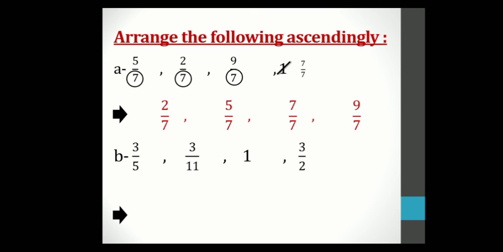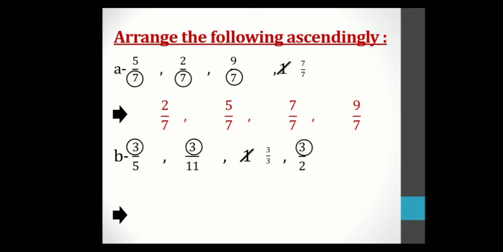Letter B. We have 3 over 5, 3 over 11, 1 and 3 over 2. Yes, in all fractions we have 3 as the same number. So I can write 1 as 3 over 3. That's right. Now all numerators are similar.